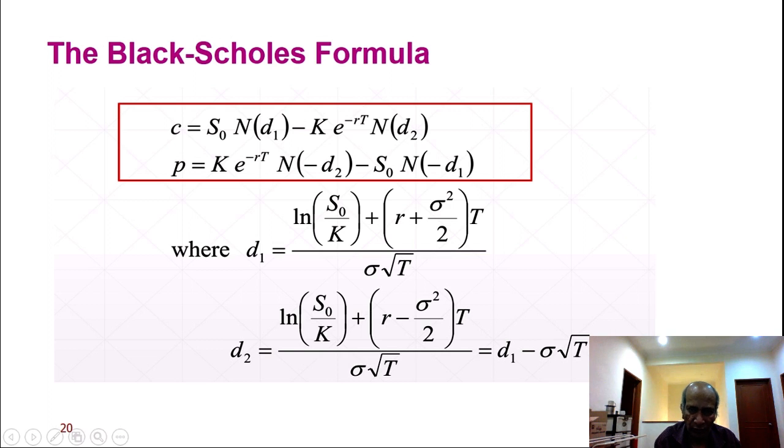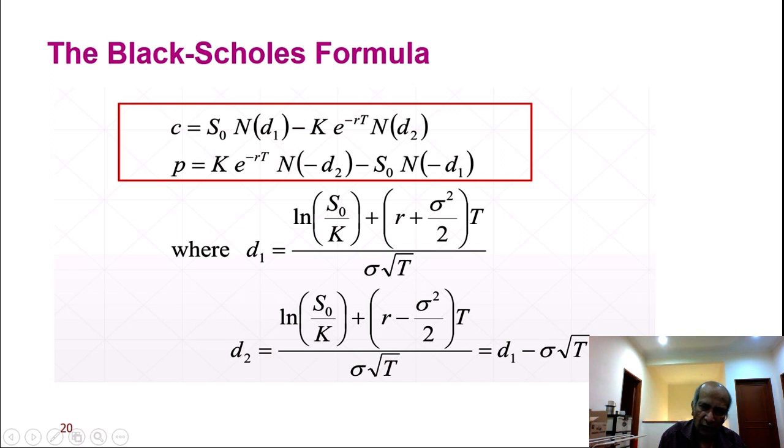N(minus d2). Many times students ask me, sir, why didn't you give me the table for less than 0, the negative signs? No, don't worry. I can just give you for above 0. When you get the one for N(d2), just 1 minus N(d2) will give you N(minus d2). Minus S0 for put times N(minus d1).